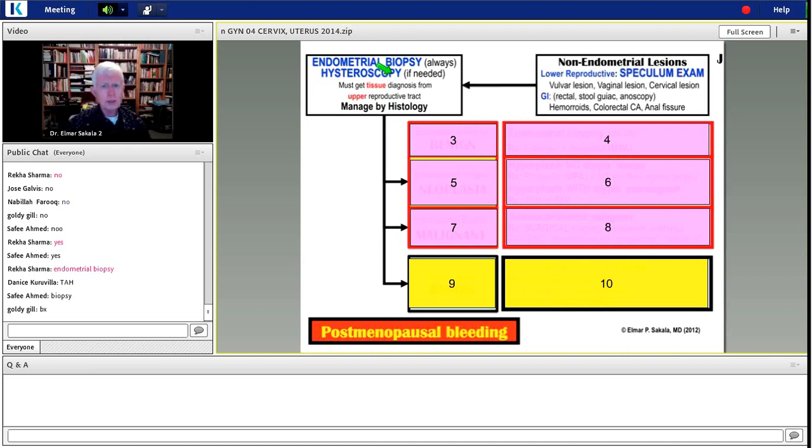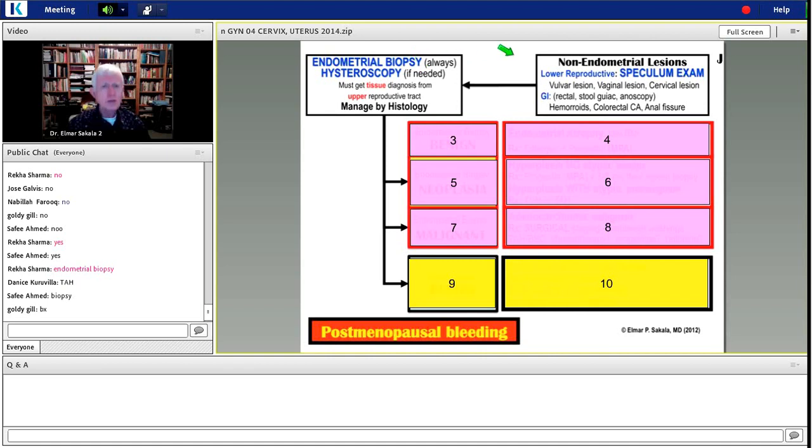Now, you also all need to know that there could be non-endometrial lesions which can cause vaginal bleeding. And I just mentioned the lower reproductive tract: a vulvar lesion, vaginal lesion, a cervical lesion. Be sure you do a speculum exam. In fact, that's going to be done even before you do the endometrial biopsy, because you can do that right in your office. It costs nothing.